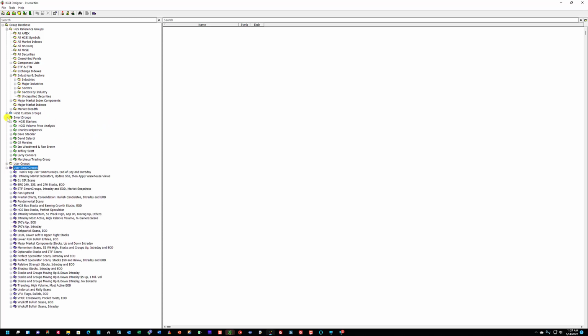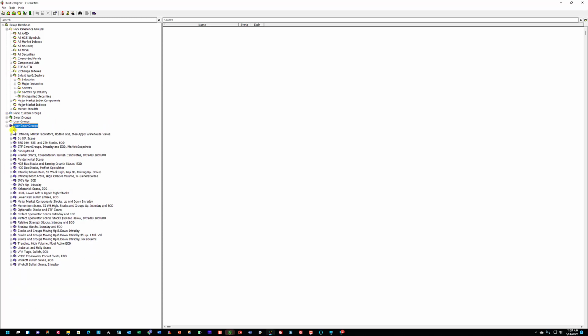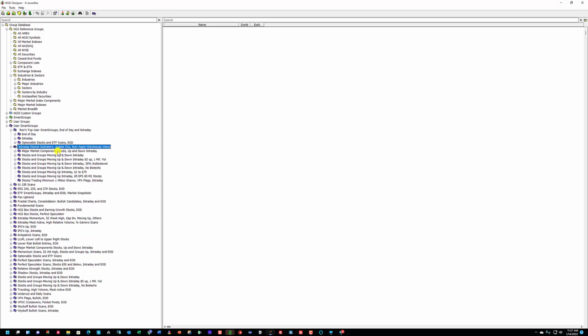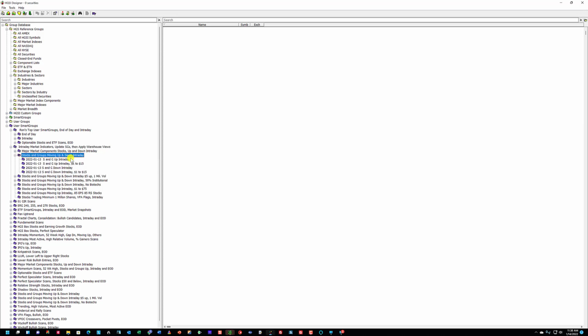Okay, now I'm in my user smart groups here. I have several in here, and I'm only going to talk about this folder right here, the intraday market indicators, and I'm only going to go into stocks and groups up and down.